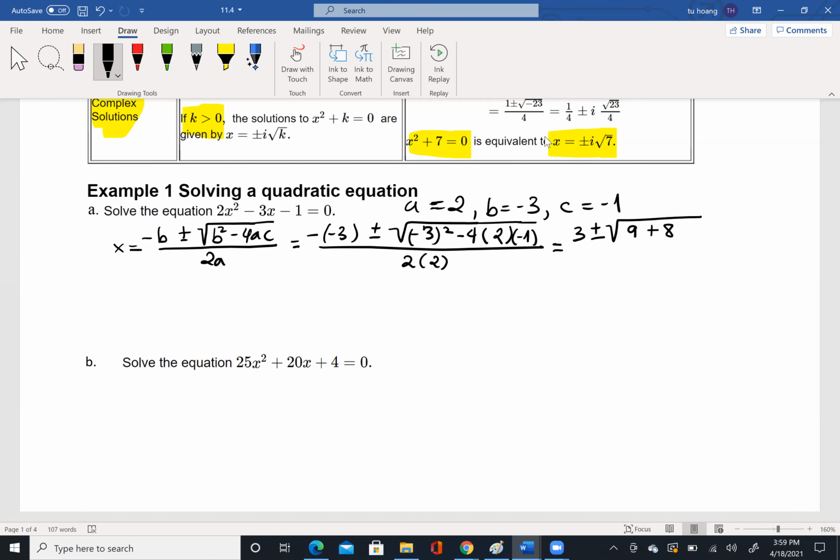Right? So that, and then divide by 4, which can be rewritten as 3 plus and minus square root of 17 divided by 4.